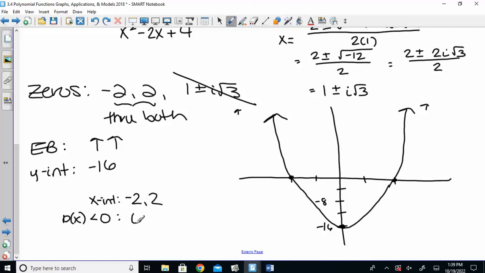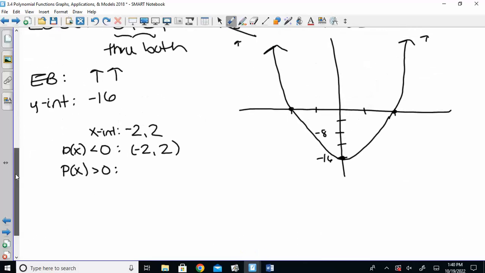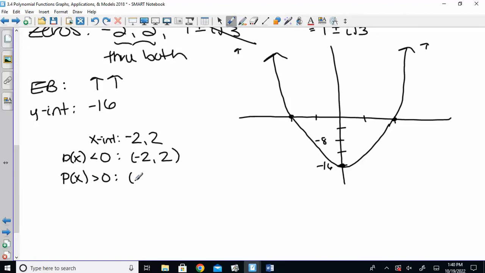That's asking where is this below the x-axis? Between negative 2 and positive 2. The last question, where is p of x greater than 0? That's asking where is this graph above the x-axis? So I could ask you questions about the graph once we have it.